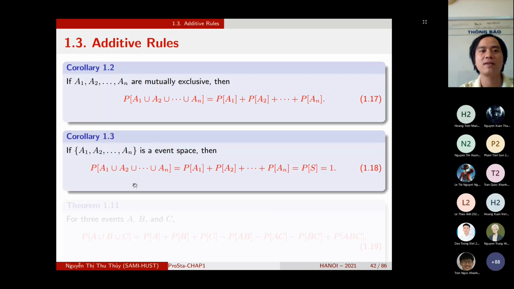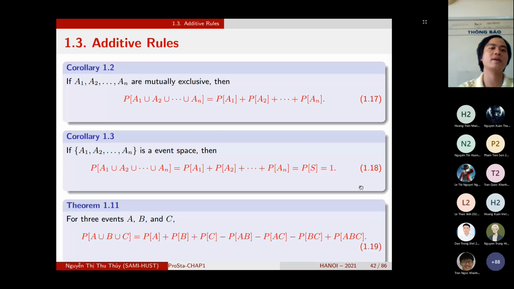And now we see that the probability of the union of the n events is equal to P(S), so it is equal to 1. So that's why the summation of the probabilities of A1 to An is equal to 1.